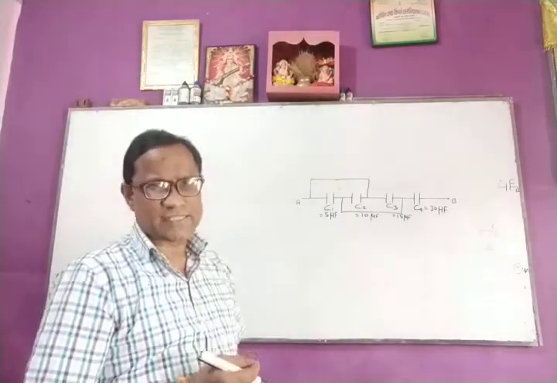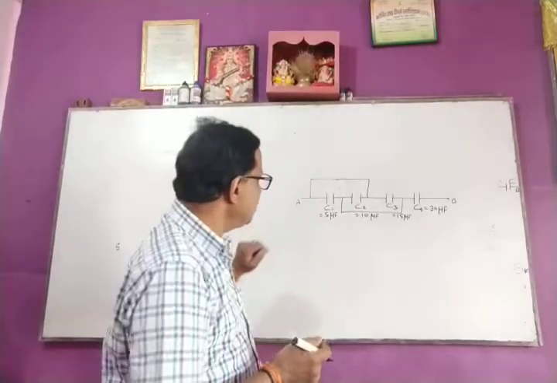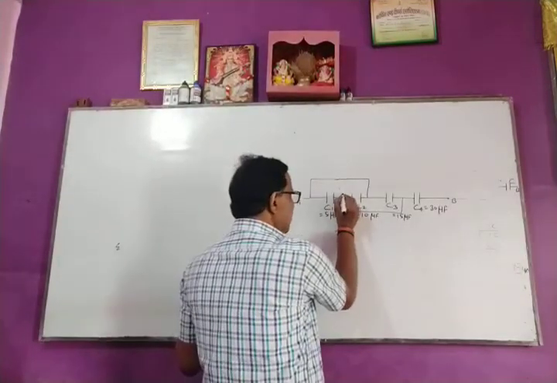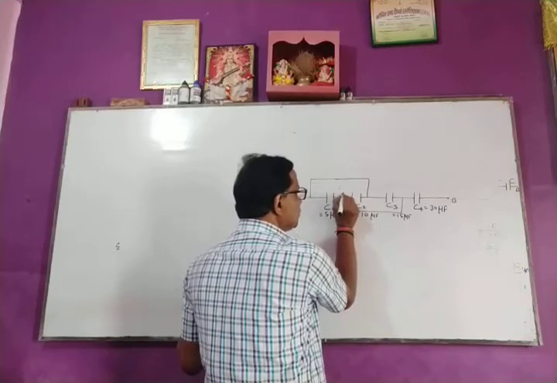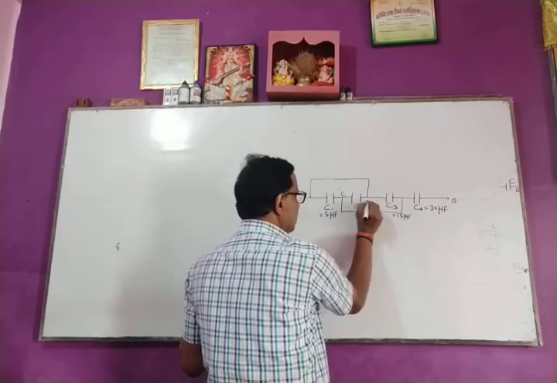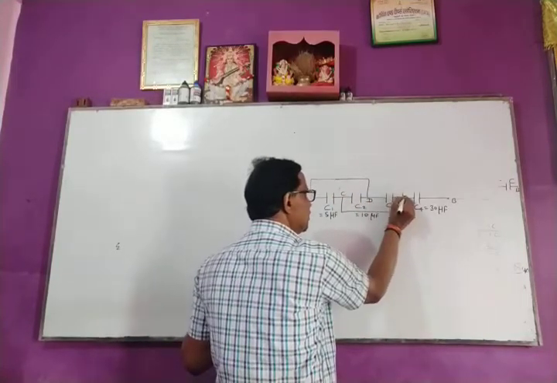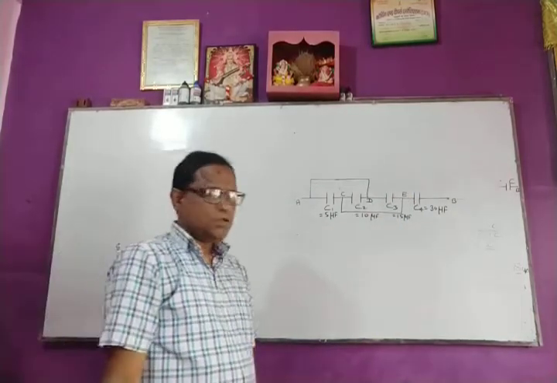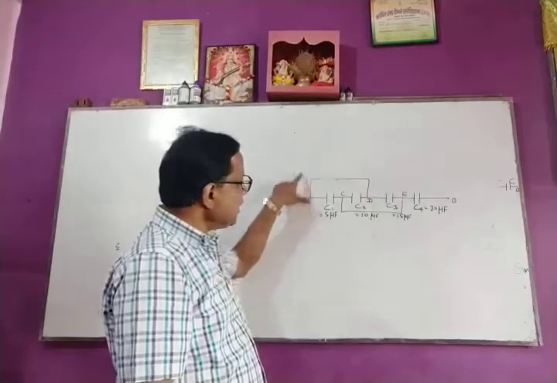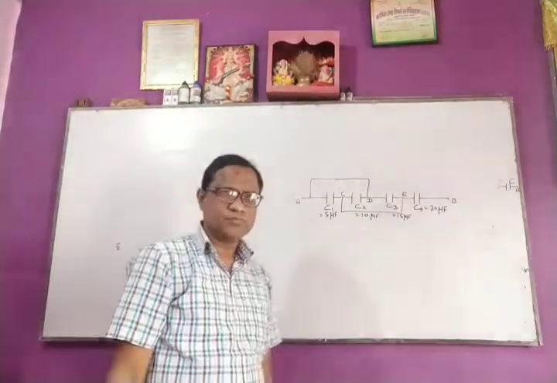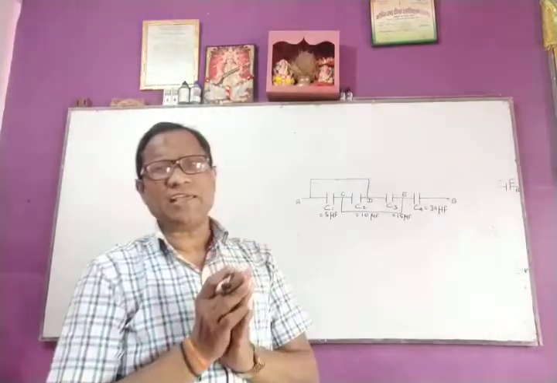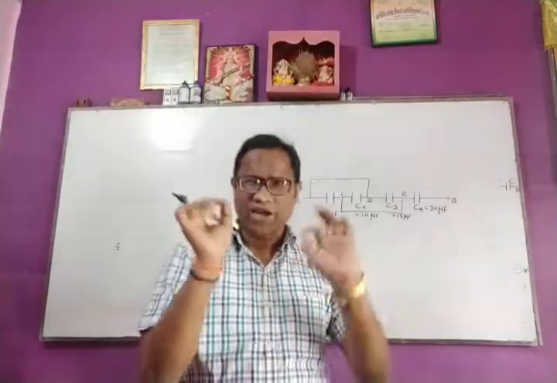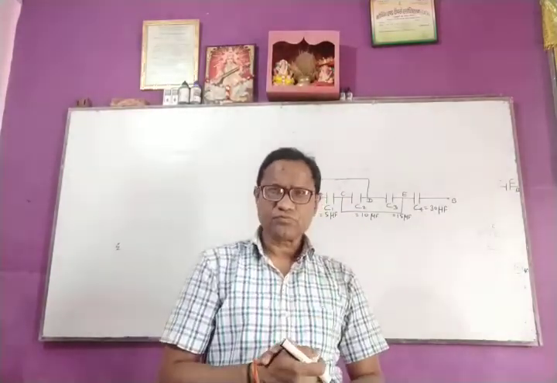In such a case, this terminal suppose C, this D, this E. From this, point A and D are connected by a simple metallic connecting wire.